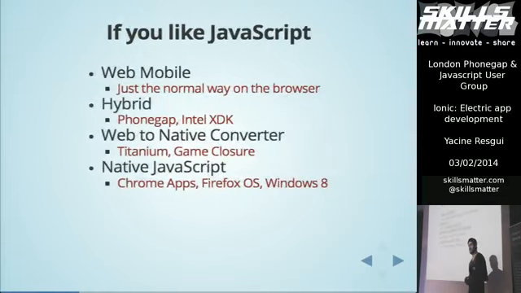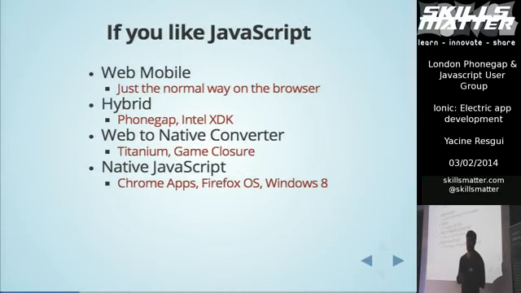And if you want to do JavaScript coding, you have first the mobile web, so you have applications that you launch directly from the browser. You can just do it normally with the tools and frameworks that you usually use. You have the hybrid, which is Phonegap, Intel XDK. I will not talk a lot about it because I don't really know it, but it's always good to have some competitors, some alternatives.